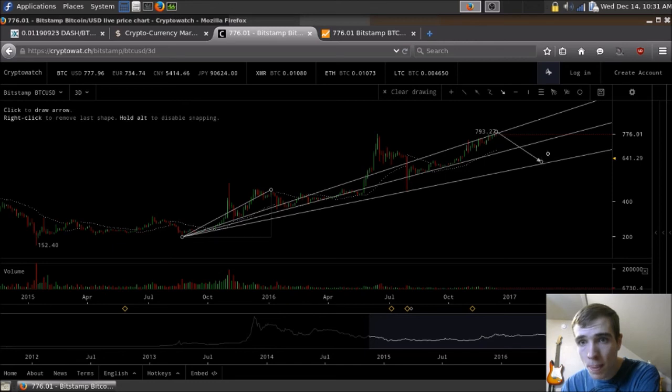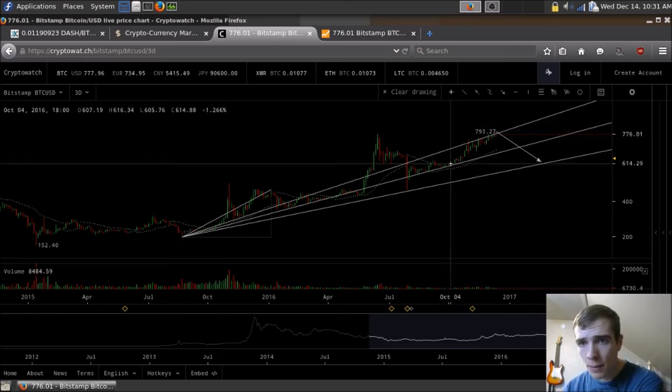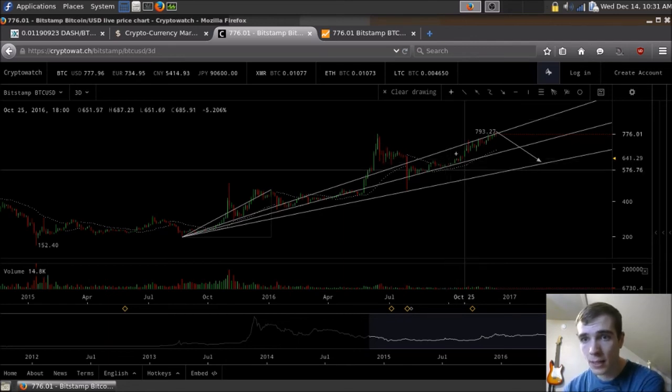Now, I really don't think it's going to break this fib trend line, because it hasn't since it started, and that's pretty impressive. But I do see a temporary downtrend into the 617, 600, up to 650 range.